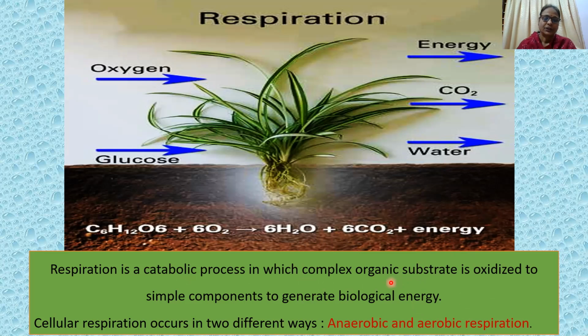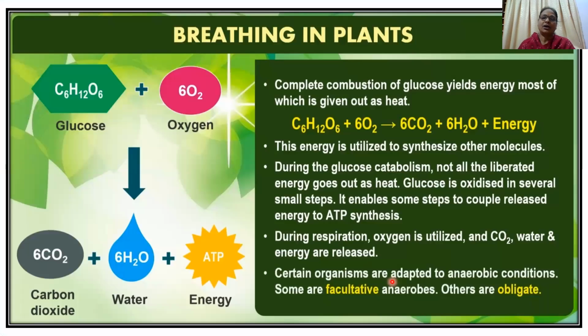Cellular respiration is of two types, as you know well. You have studied up to 10th standard that it is of two types, aerobic respiration and anaerobic respiration. We'll see first how the process occurs. Indirectly, the plants breathe out. What happens during the oxidation of glucose?